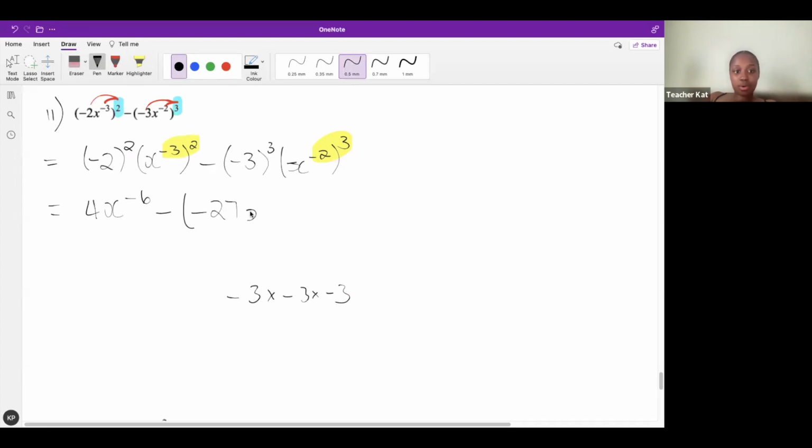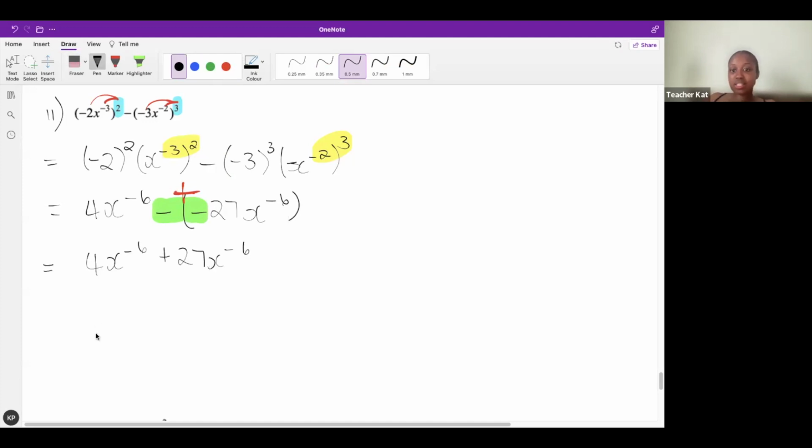It'll be x to the power of -6 again. Negative, negative in the middle will make a positive. Okay. So then I will have 4x to the power of -6 plus 27x to the power of -6.